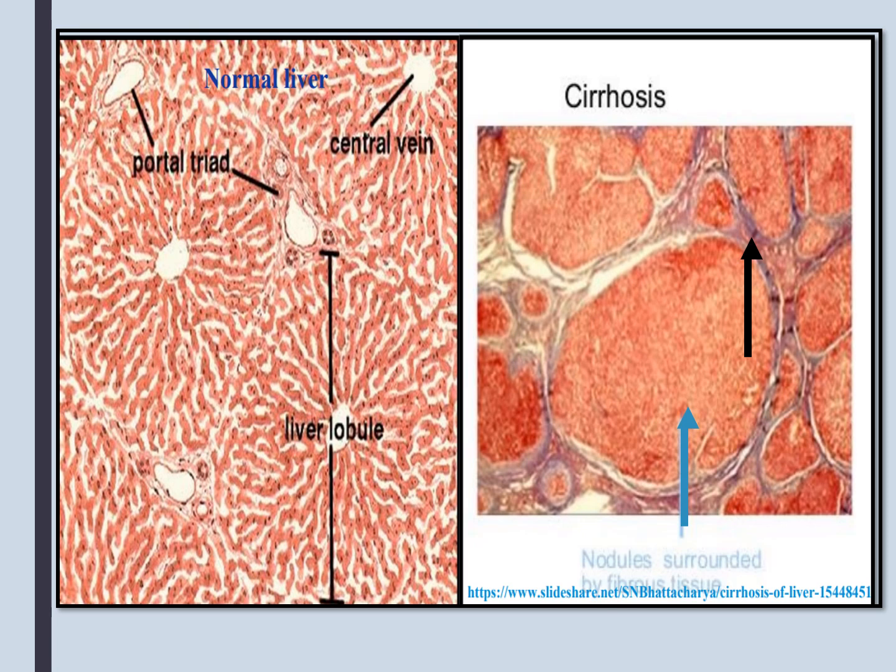The cirrhotic liver, which is present on the right, shows complete loss of normal liver architecture with the presence of fibrous bands dissecting the liver parenchyma into round nodules of regenerating hepatocytes. The nodules are marked by the blue arrow, while the bands of fibrous tissue are marked by the black arrow.